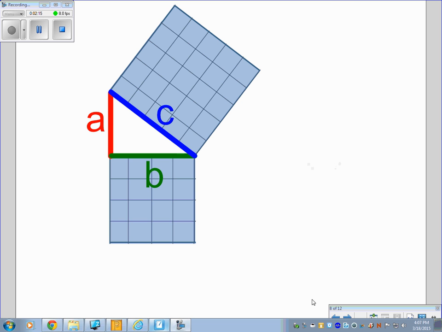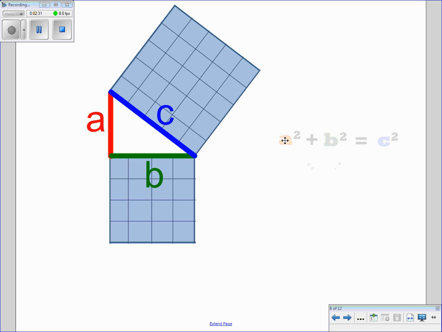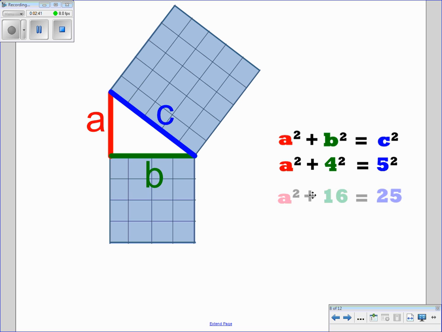Here's the example we started with. We know b is 4, we know c is 5, and we know because we set this triangle up that a is going to be 3. But let's say it was missing and they told us that it was a right triangle. We would write the Pythagorean theorem and then substitute in the values that we know, 4 for b and 5 for c. We square the two numbers that we know, and we find that a squared plus 16 equals 25.